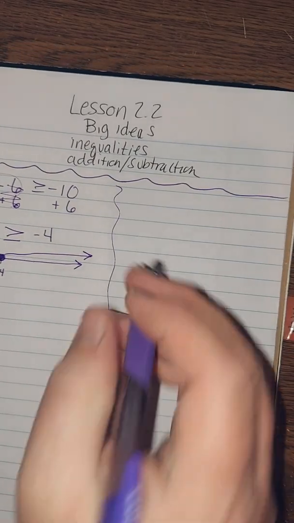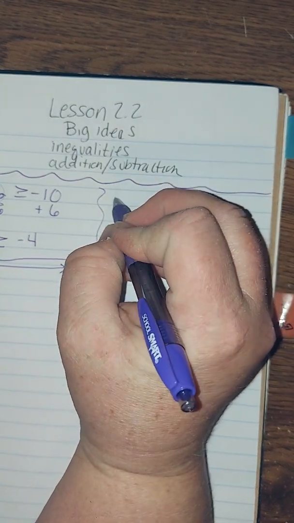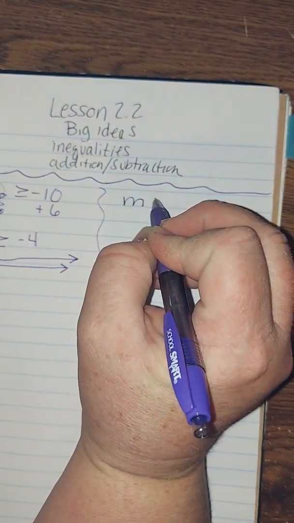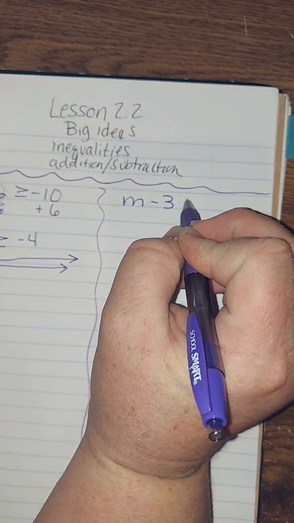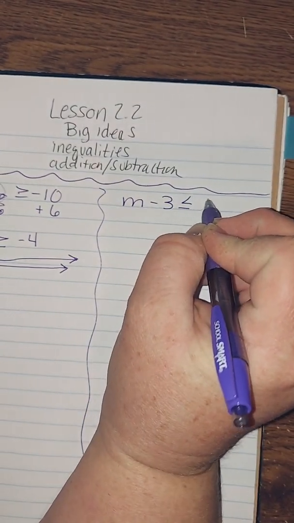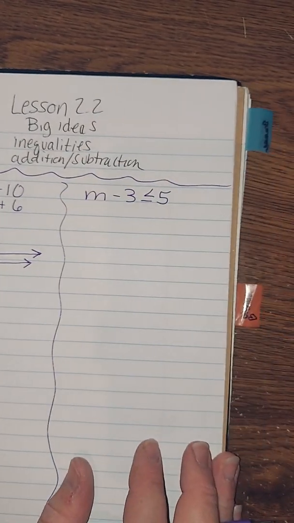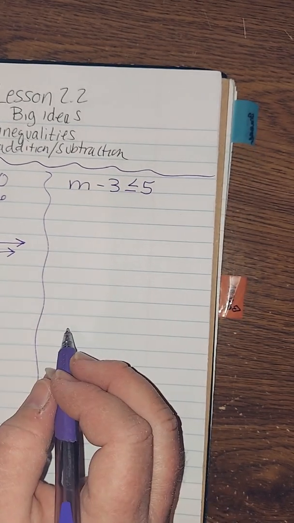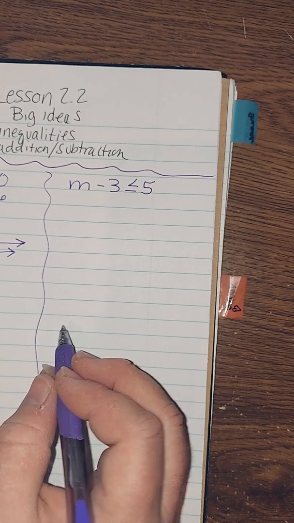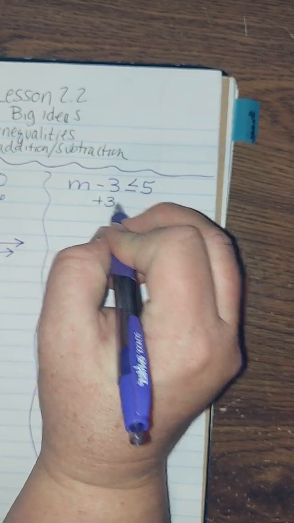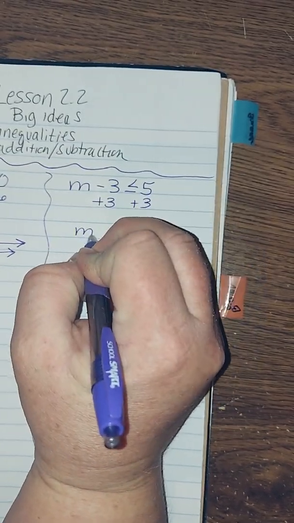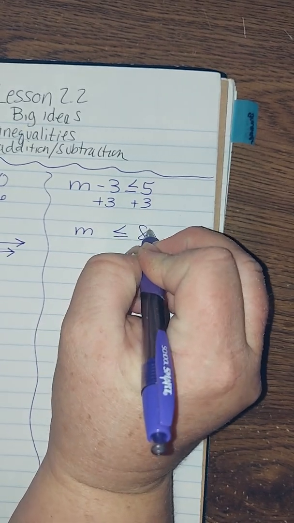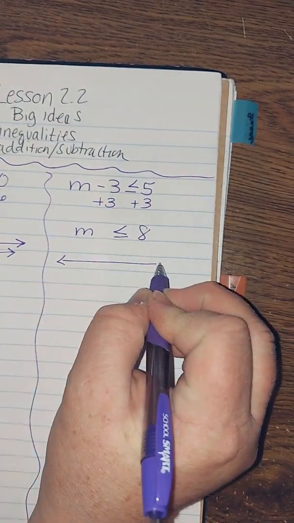Okay, friends, your turn. This is the part where you might stop the video and do this and then start it to see my work. We'll add 3 to each side. 8, all right, here we go.